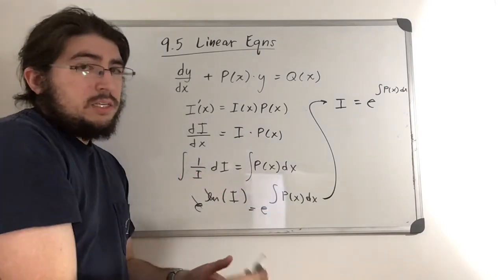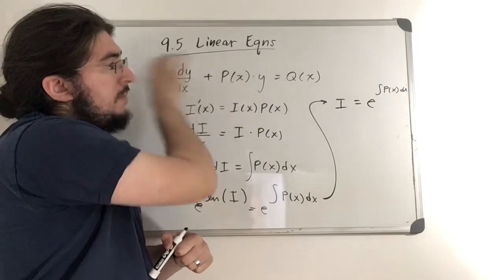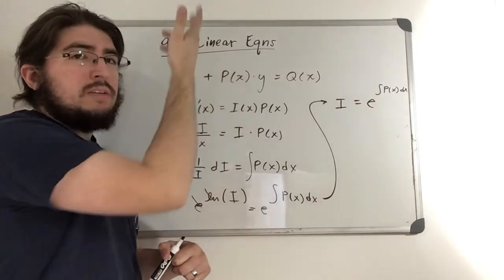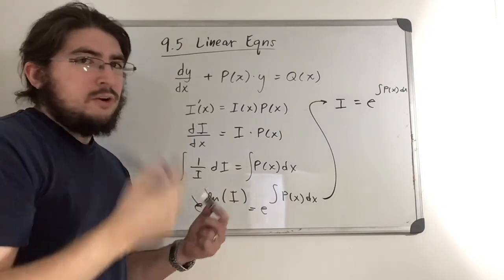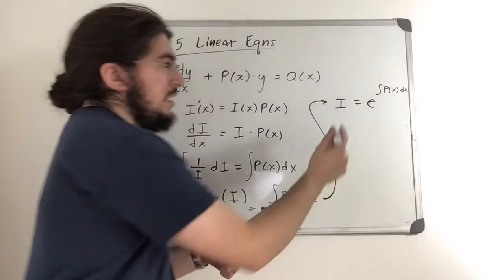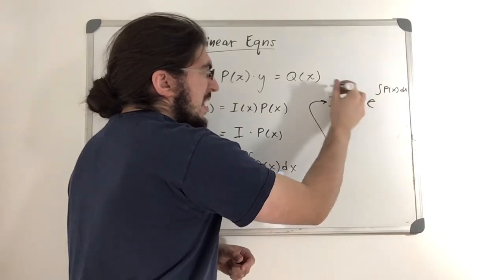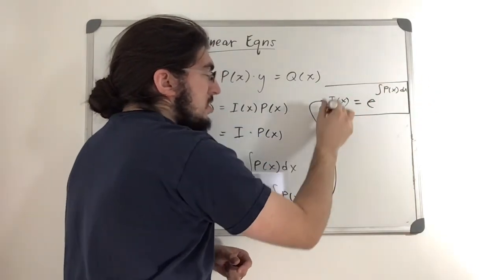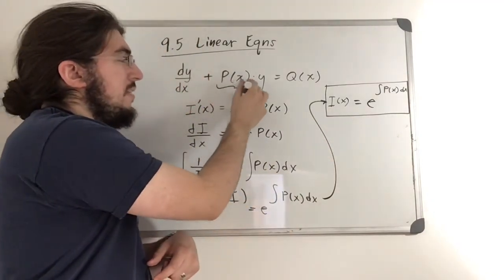E to the c is just another constant, so you multiply it. If you multiply everything by a constant, you can just divide by the constant. It's a little technical, so long story short, you don't need it. But this is indeed how you find I of x. So I of x is just e to the integral of whatever p of x is.